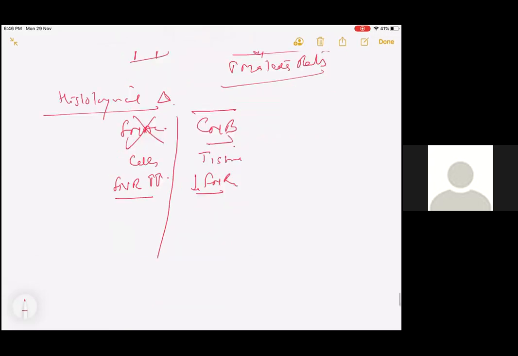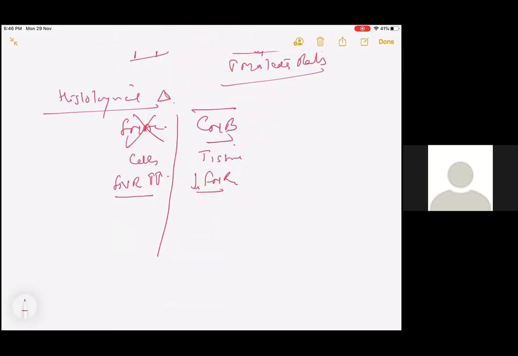It can pick up, now I think it stops here because there's nothing it can pick up beyond this, the grade. Very important in the management. And then it can pick up the biomarkers like ER, PR, HER2 neu, Ki67. FNAC cannot pick it up. It cannot pick it up.